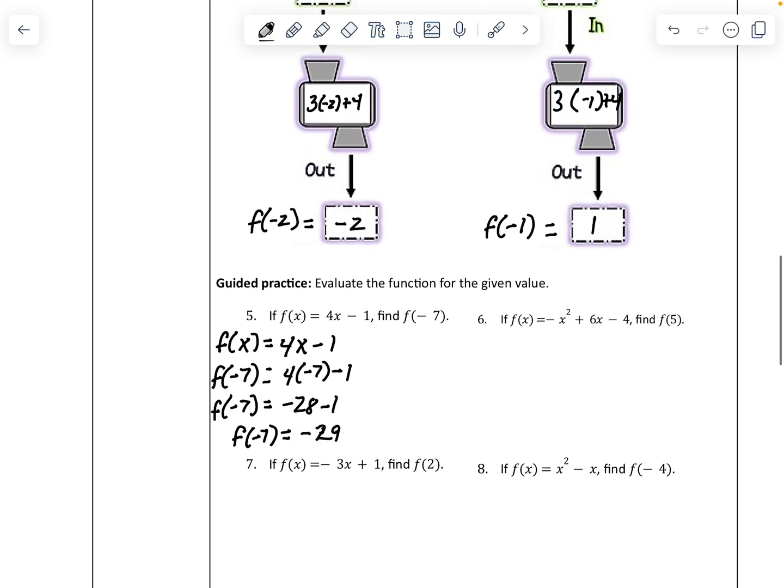All right. So right now we have f of x equals -x squared plus 6x minus 4. Well, let's find the value for f of 5. So we're going to have -5 squared plus 6 times 5 minus 4. -25 plus 30 minus 4.